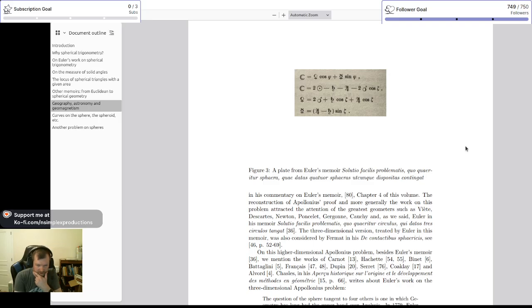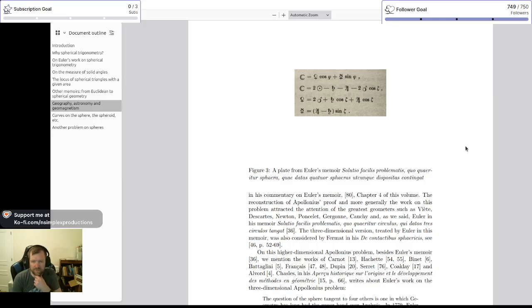The reconstruction of Apollonius' proof, and more generally the work on this problem, attracted the attention of the greatest geometers such as Viète, Descartes, Newton, Poncelet, Gergonne, Cauchy, and as we said, Euler in his memoir Solutio facilis problematis.